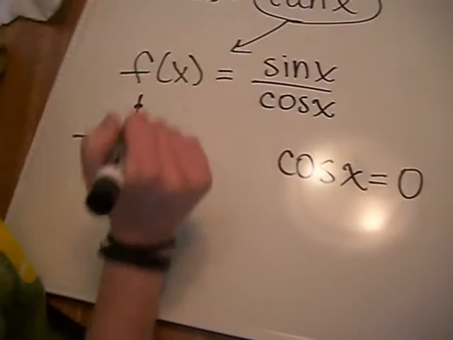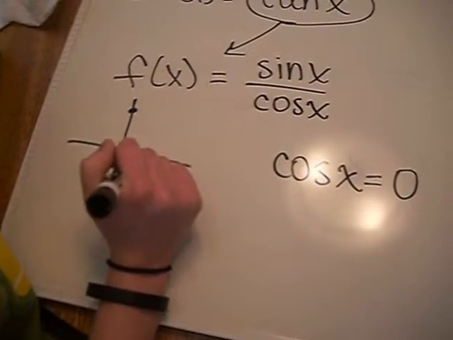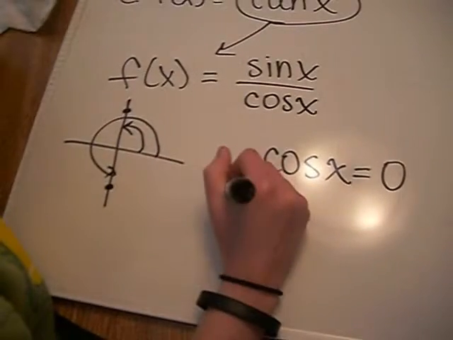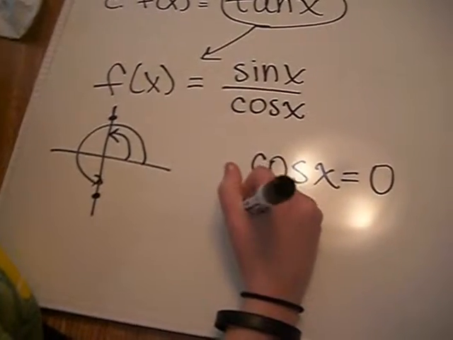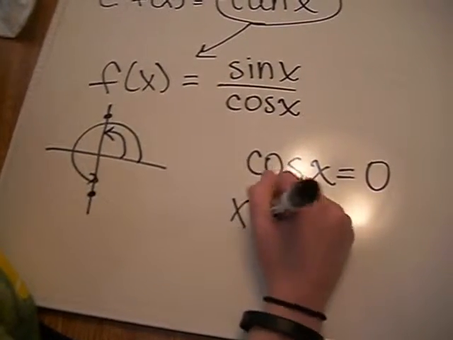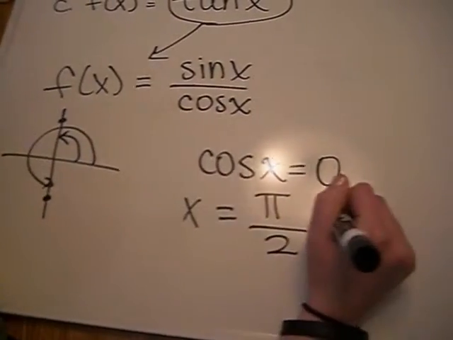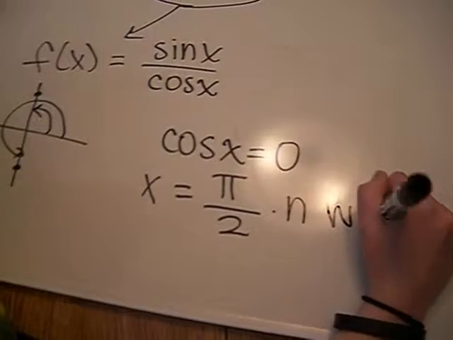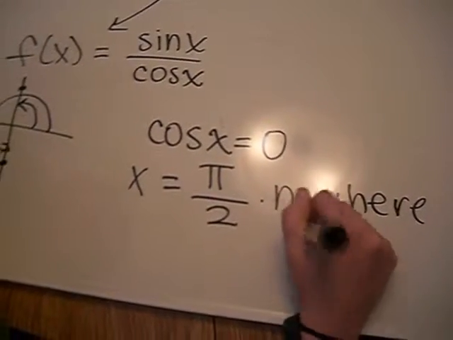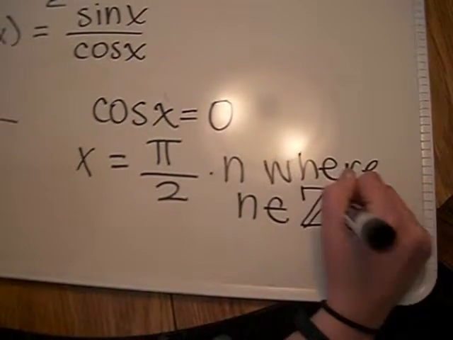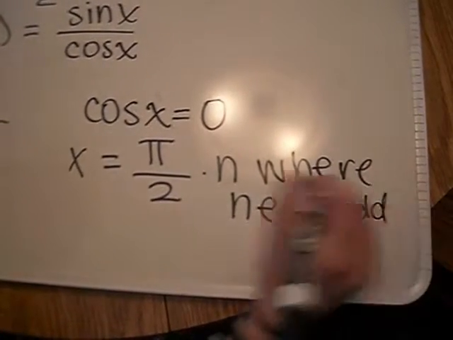That's at pi over 2, 3 pi over 2, places like that. So the discontinuities are at x equals pi over 2 times n, where n is an odd number.